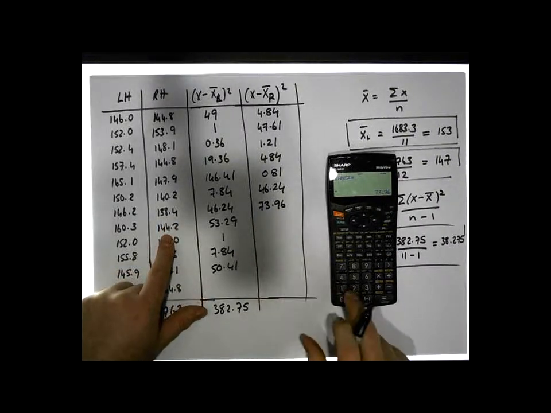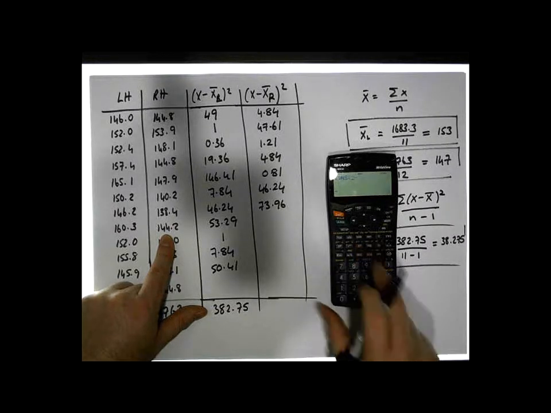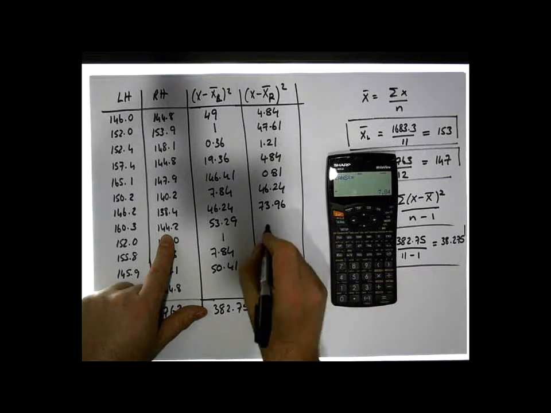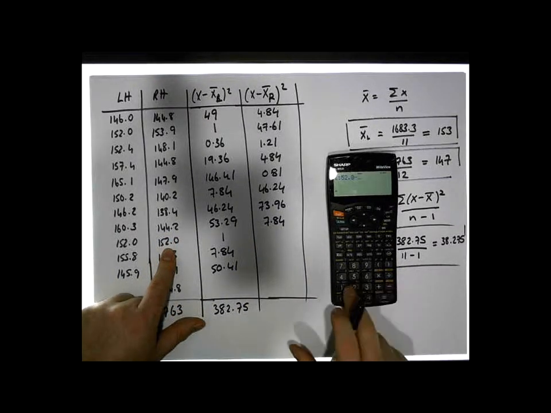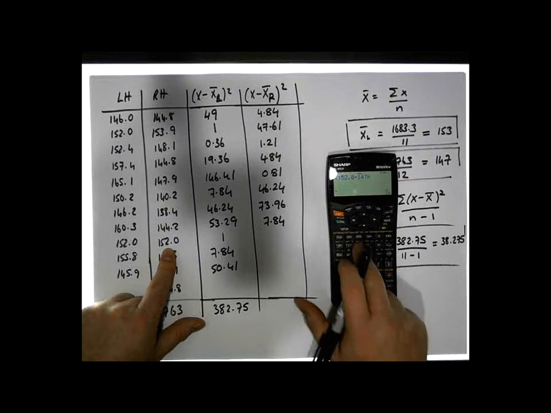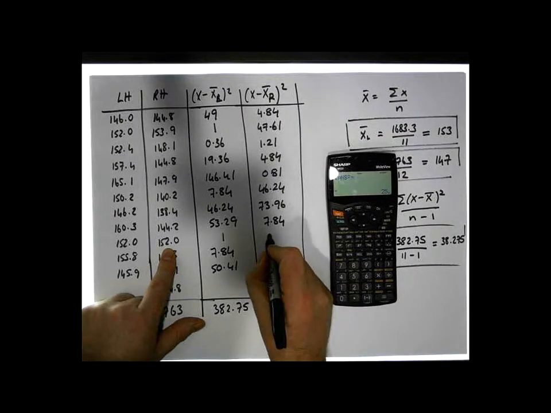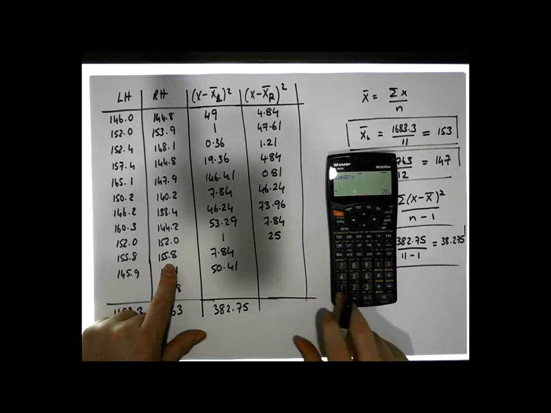Then we have 144.2 minus 147. When we square that, that gives us 7.84. Then we have 152.0 minus 147, and when we square that, that gives us 25. And then we have 155.8 minus 147.